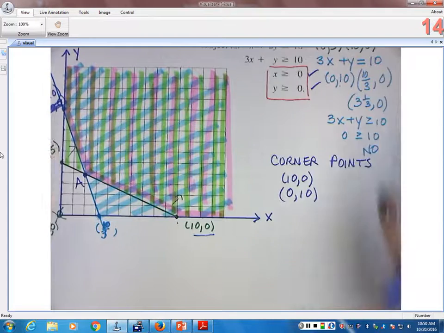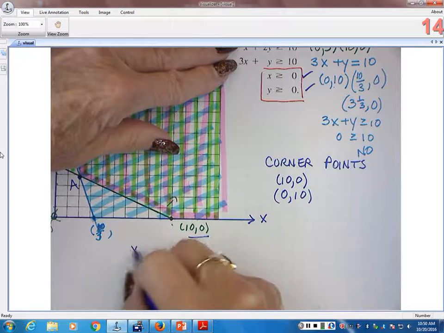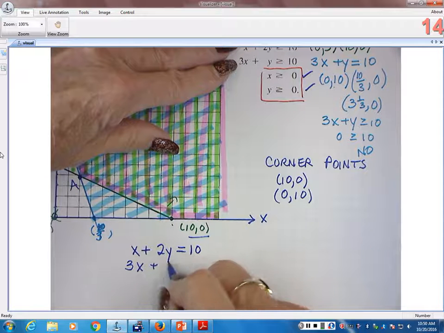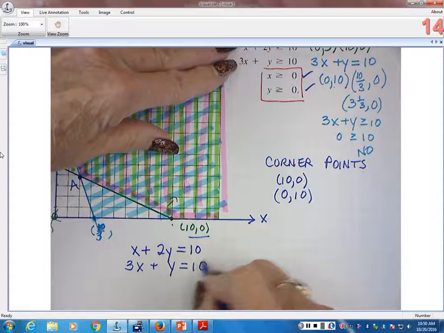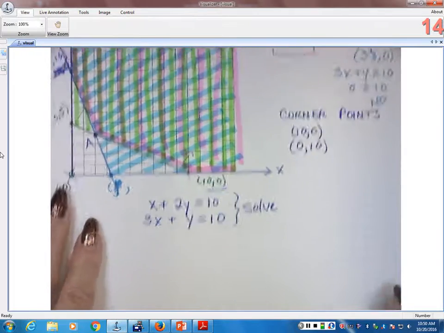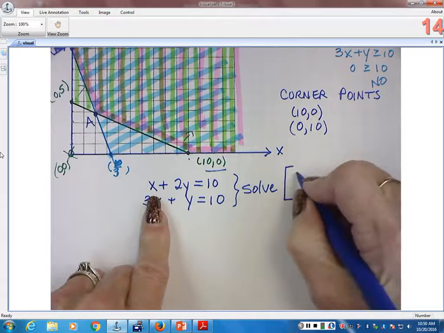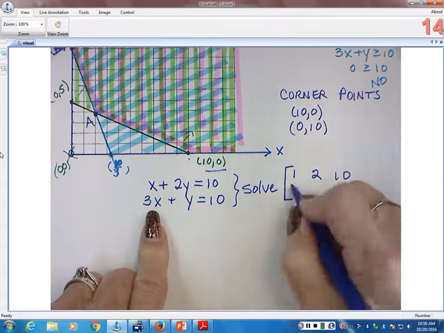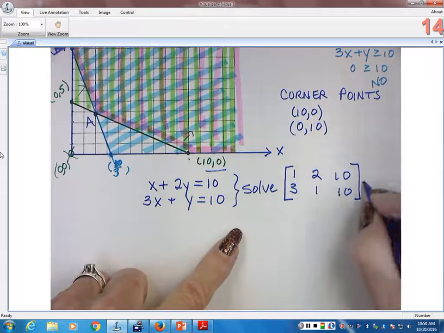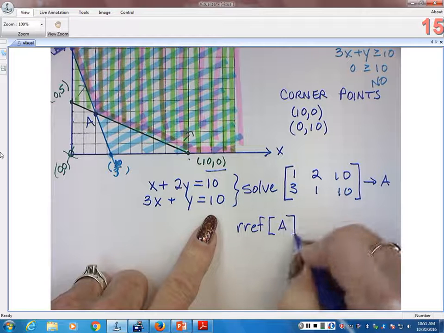And the value of A, if you go back to your Chapter 2 methods and take these two boundaries, and solve that system, and you can solve this with matrices, that's part of the reason we do matrices first, then you can use the augmented matrix and have 1, 2, 10, 3, 1, 10, and store that in A and do the row reduced form of A. So we'll do that on the calculator.